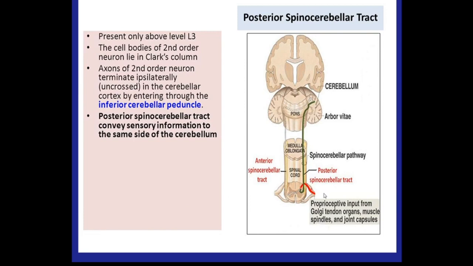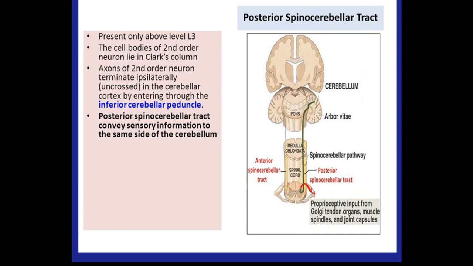Dendrites, receptors, receive information about position and flexion of joints, for example, or muscles in our body, and pass this information to the first order neurons.